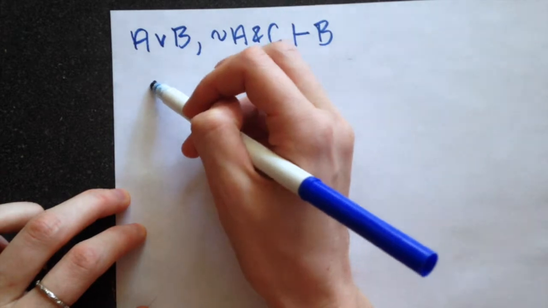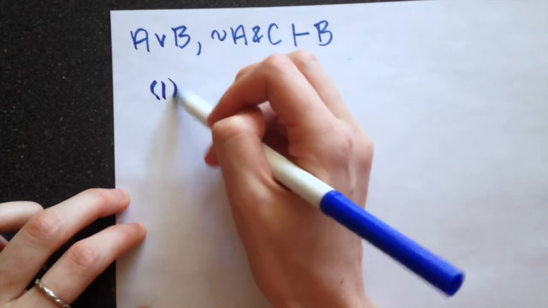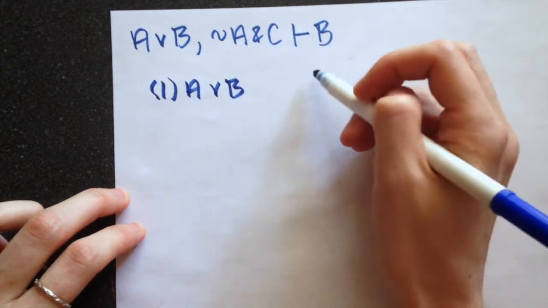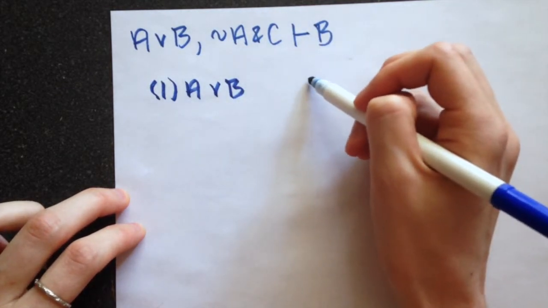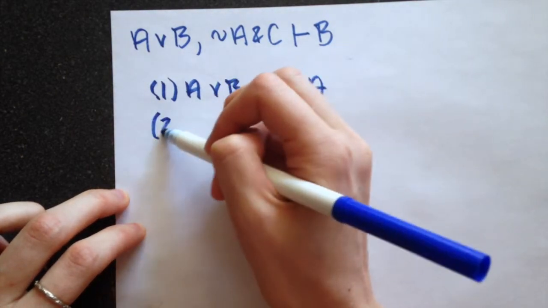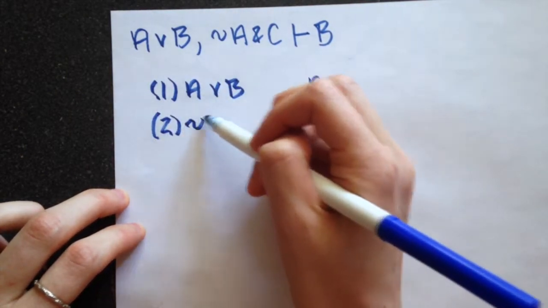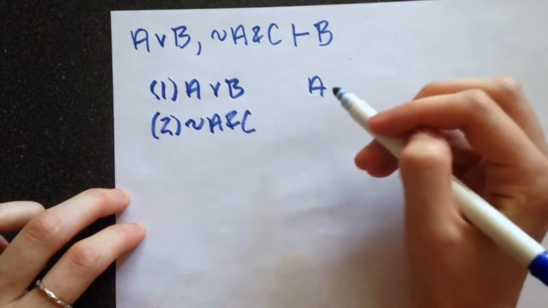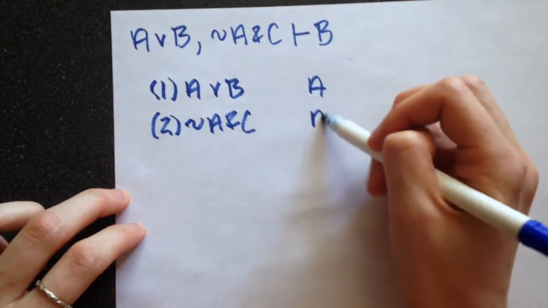First one here, a wedge b. We're assuming this to be true, using the rule of assumption. Second basic assumption, tilde a ampersand c. And again, we're just using the rule of assumption.